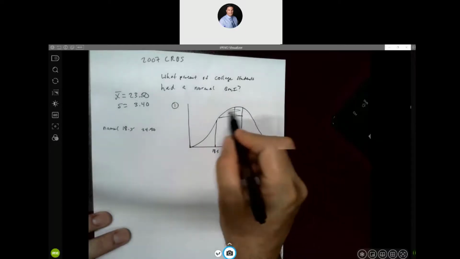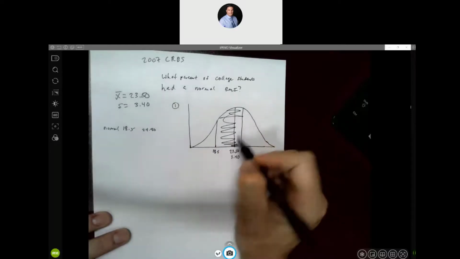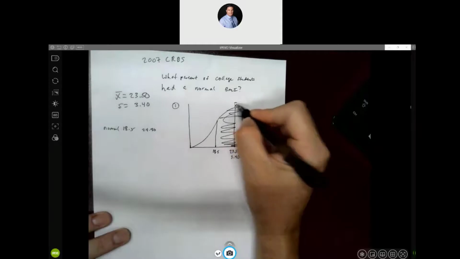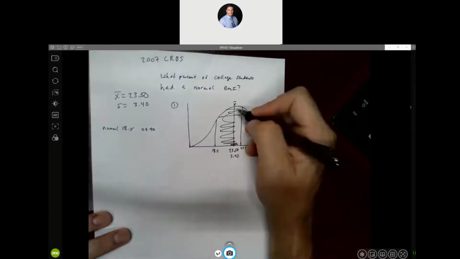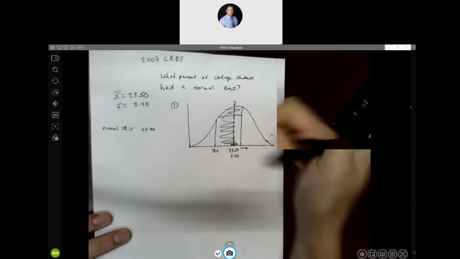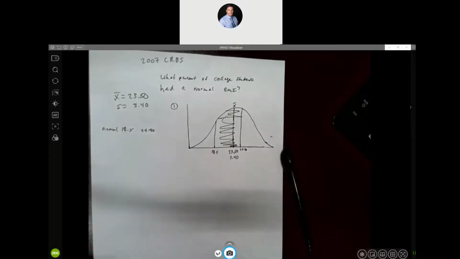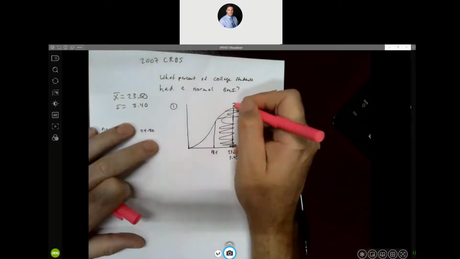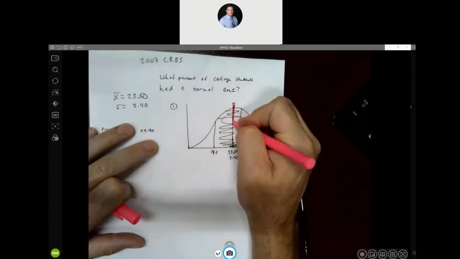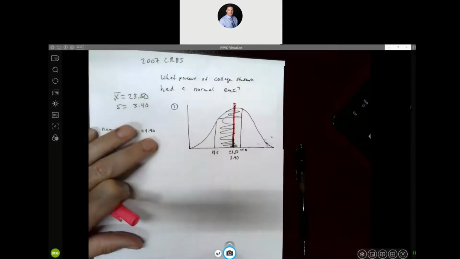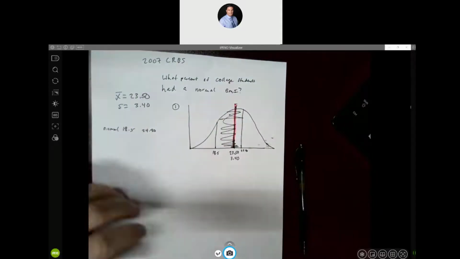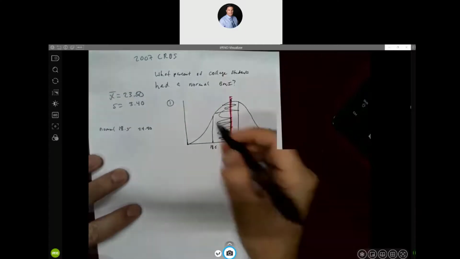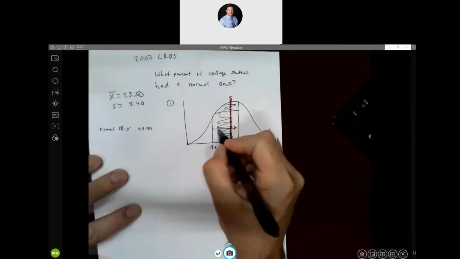We're interested in this whole area here. Notice that this area here is the mean. But we're interested in this whole area here.